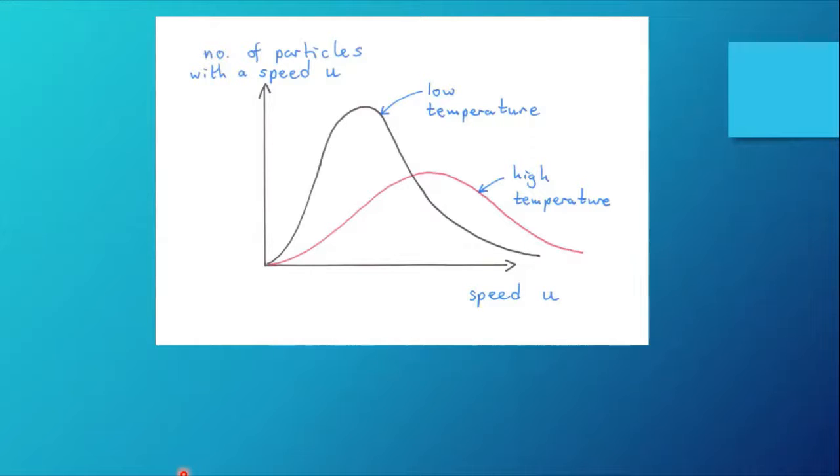Let's remember that, and please just be aware of how this distribution changes as we go to a high temperature. The peak shifts to the right and the peak is depressed. I'm not going to go into that in too much detail at the moment, but remember this.